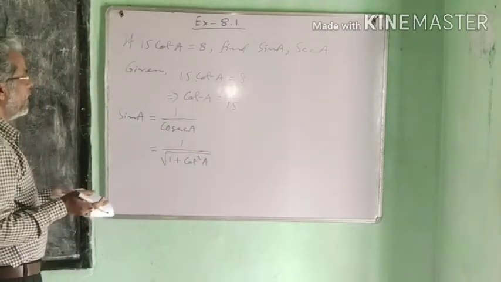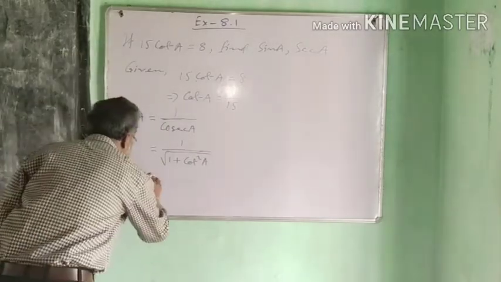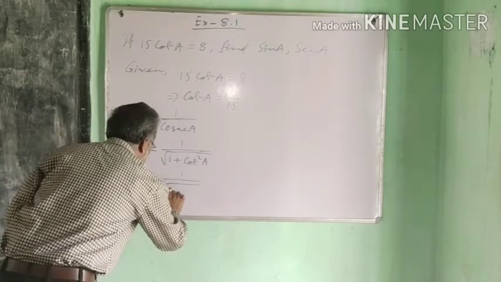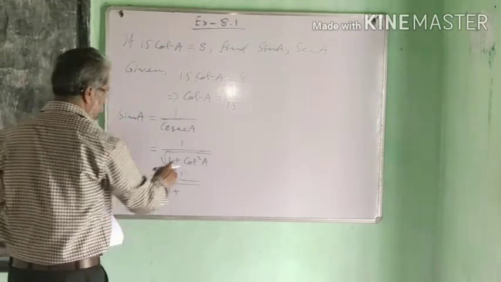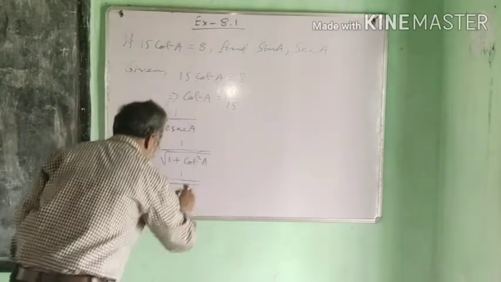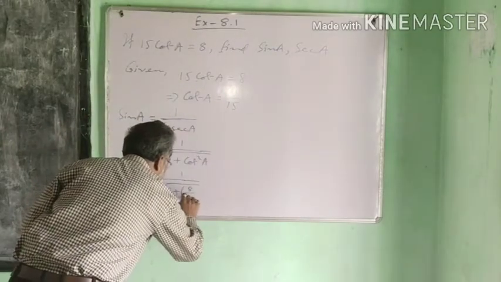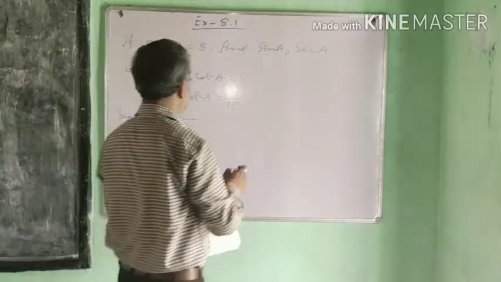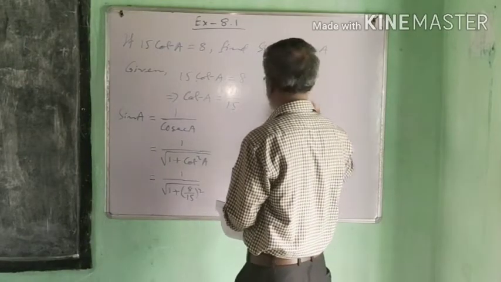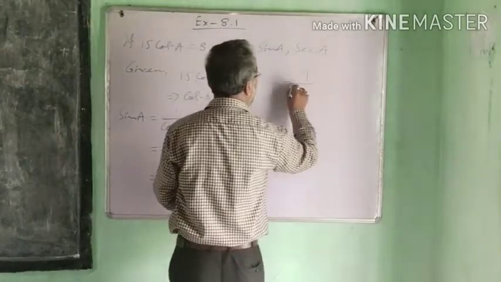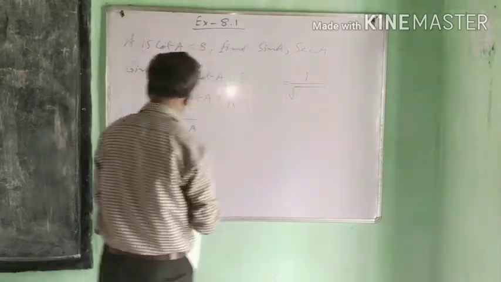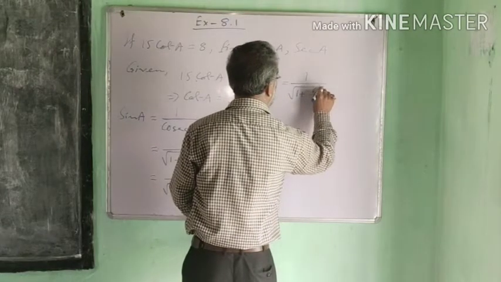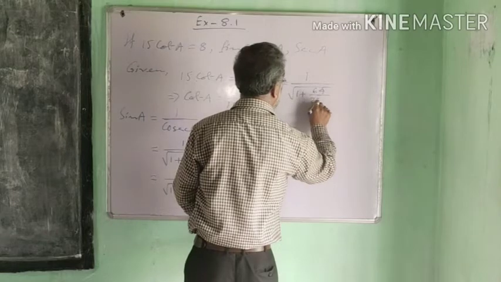Now there should not be any problem, you just have to put the values. 1 by root over 1 plus cot square A. Cot A is 8 by 15, so it will be 8 by 15 whole square. Thus we get 1 by root over 1 plus 8 square is 64 and 15 square is 225.